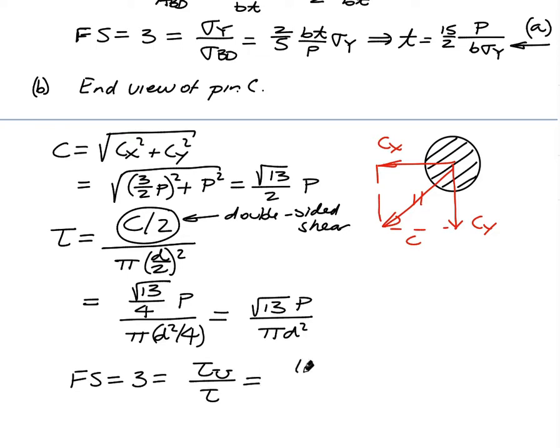So that's the given value of tau u divided by, what do we find here, square root of 13 P divided by pi d squared. And so that's equal to pi d squared tau u divided by the square root of 13 P.